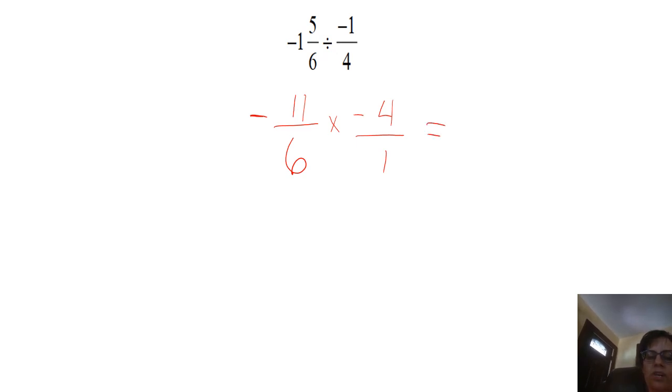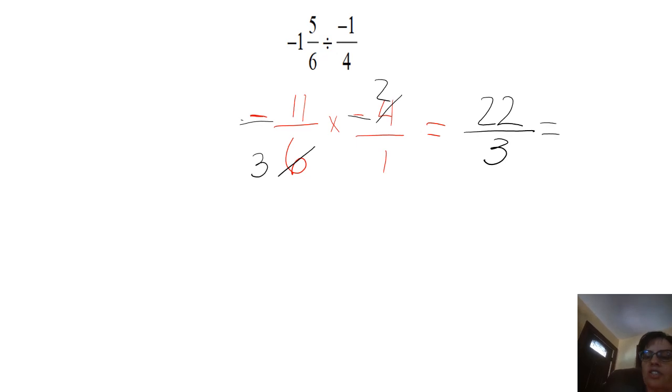Yes, the 6 and 4 can both be divided by 2's. So 6 divided by 2 is 3. 4 divided by 2 is 2. Now nothing else reduces, so multiply straight across. 11 times 2 is 22. 3 times 1 is 3. Same signs, both negative. So we're going to have a positive answer.